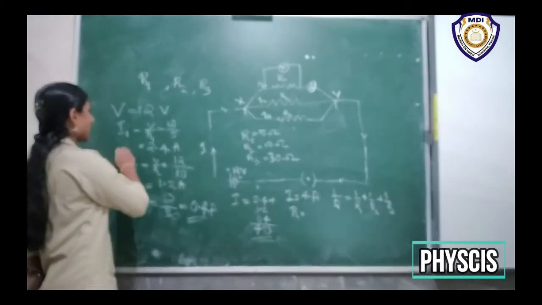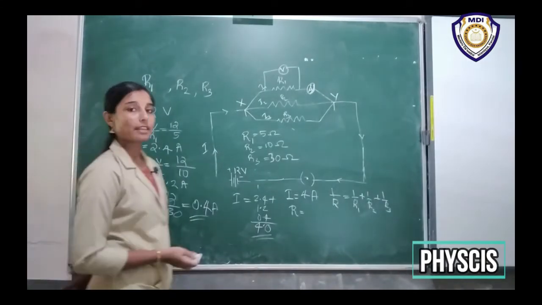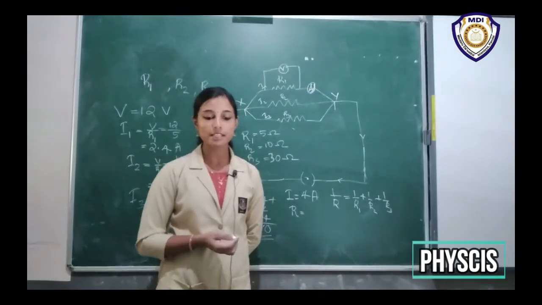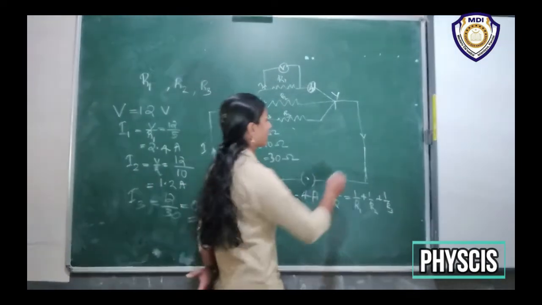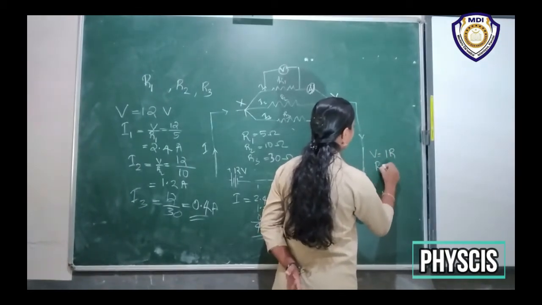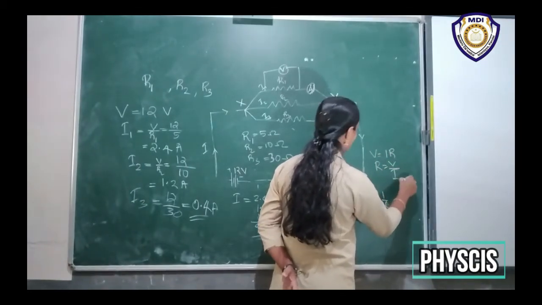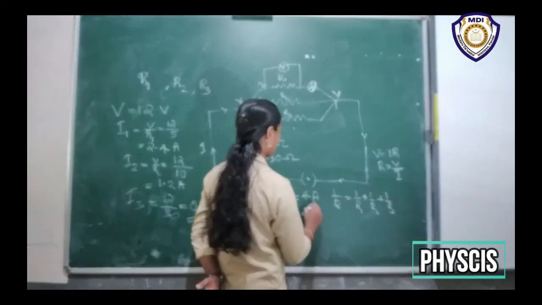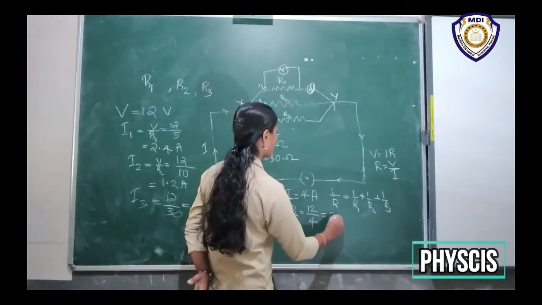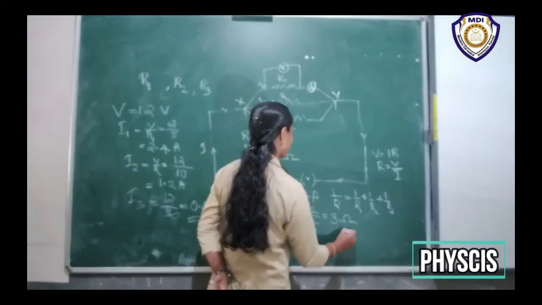V is equal to IR, and R we get as V by I. So from here we get 12 by 4, that is equal to 3 ohms resistance.